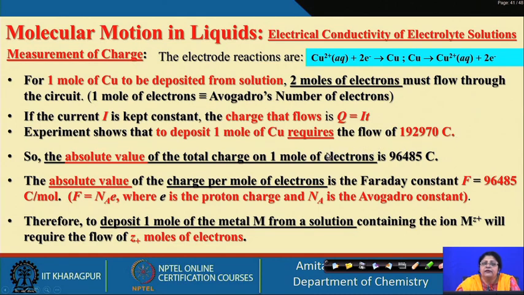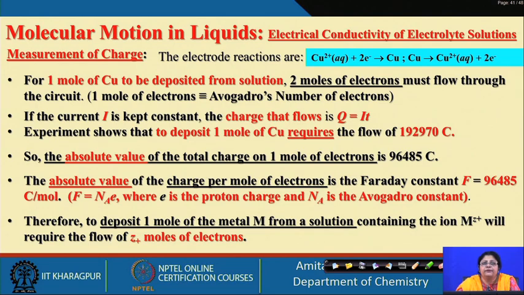Okay. What we had interpreted from the equation of the electrode and solution interface is that 1 mole of copper to be deposited from the solution onto the electrode requires 2 moles of electrons flowing through the circuit.